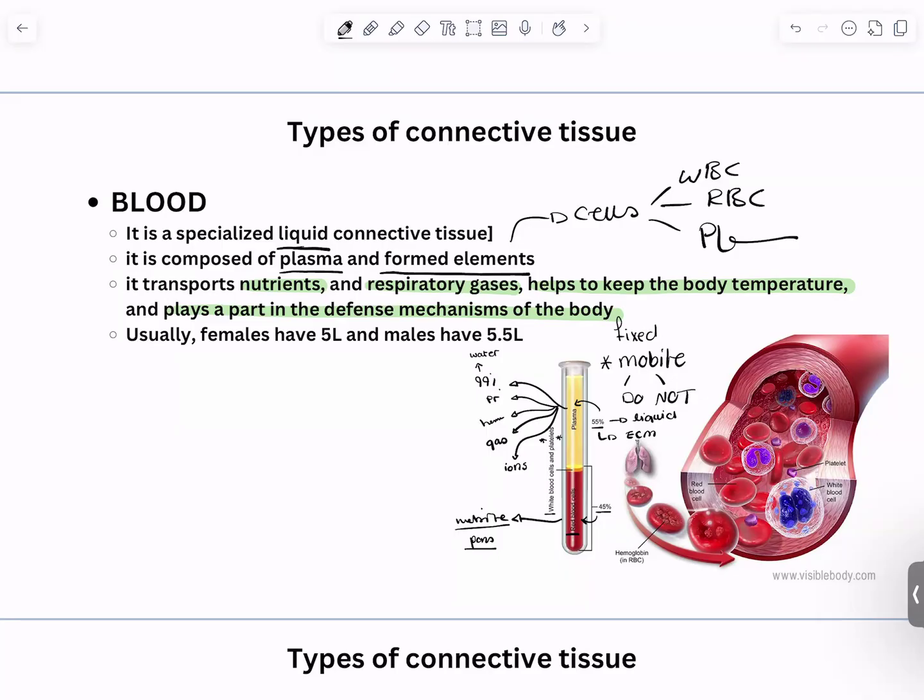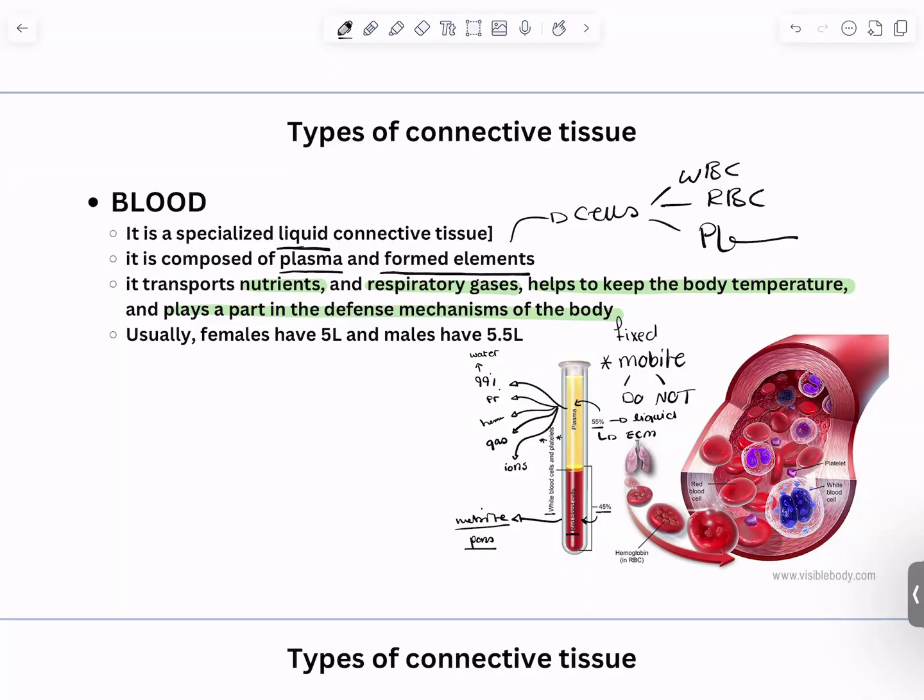So it helps to keep the body temperature constant, and also the movement, also the direction of the blood into the different blood vessels. It can increase the blood pressure, or it's better to say, keep it constant. So this is about blood. You have to know about this one, and later about the blood we will discuss more.